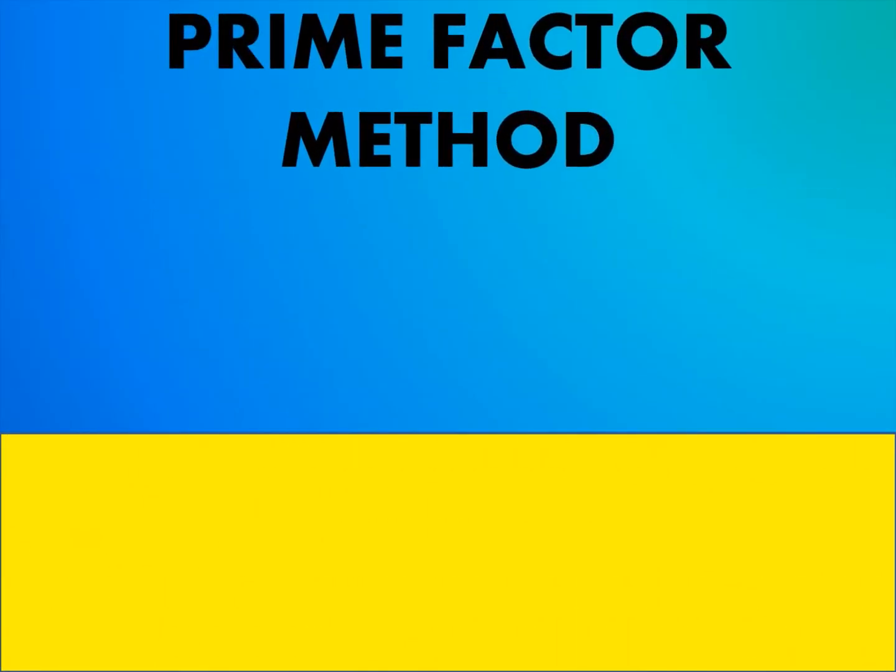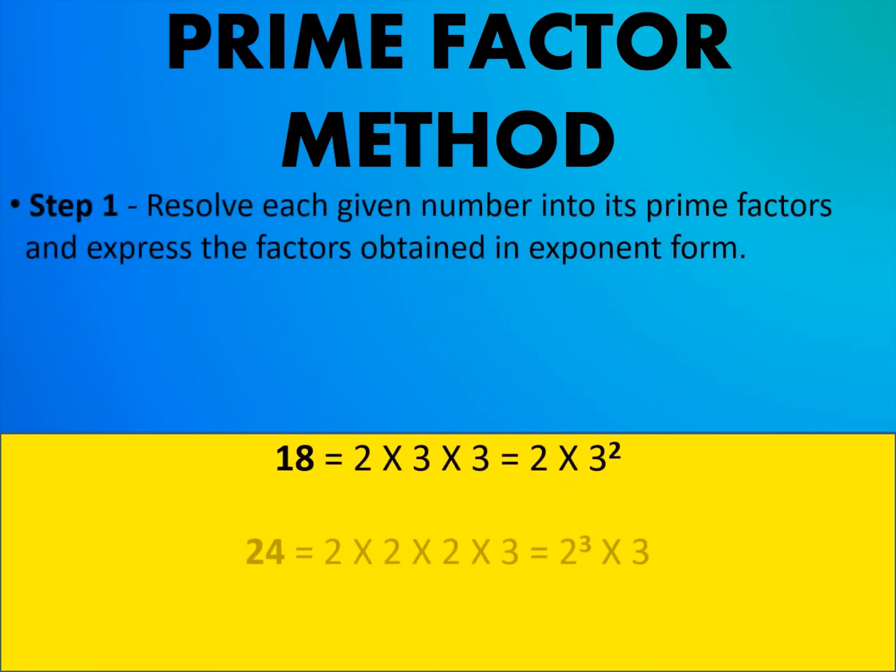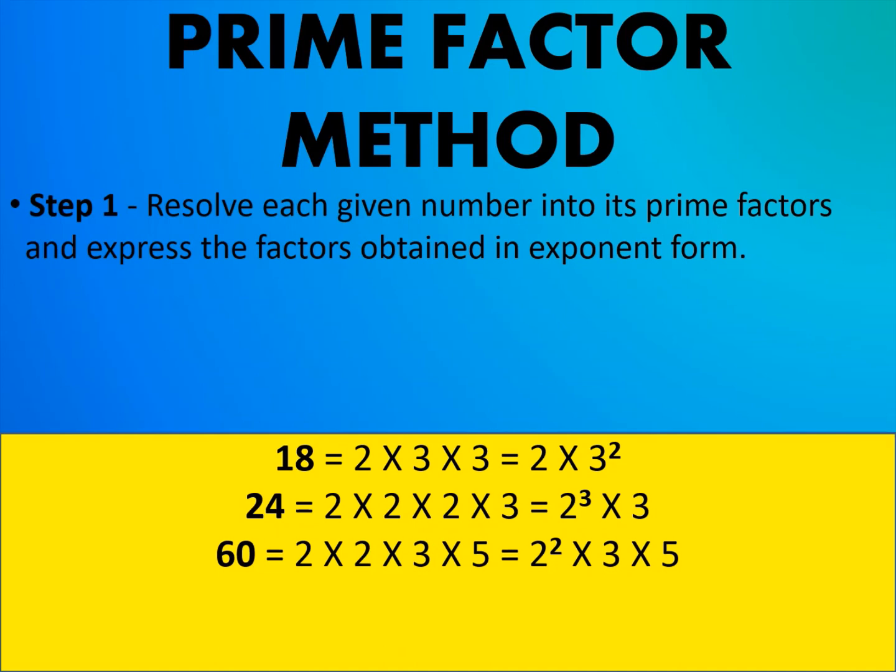Now let's see prime factor method to find LCM of the given numbers. Step 1. Resolve each given number into its prime factors and express the factors obtained in exponent form as shown in the example below.